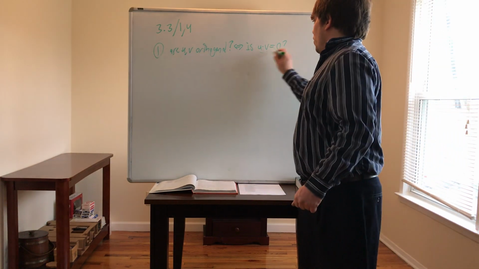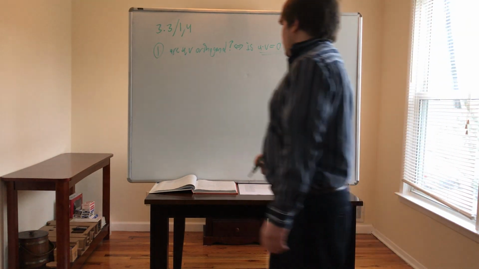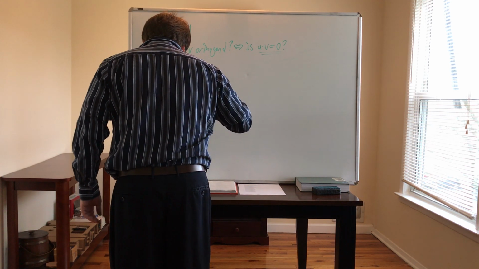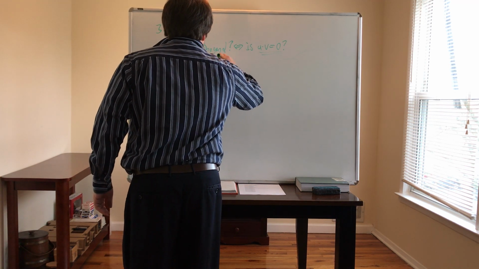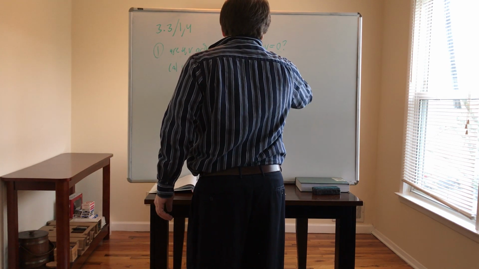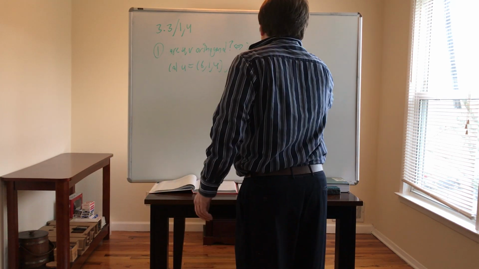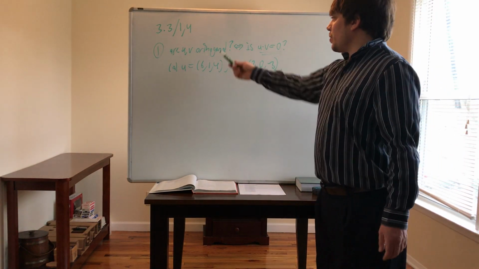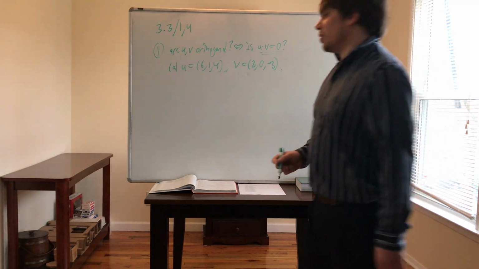And so the question is whether or not the dot product of those two vectors is 0. For part A, we have the vector u is 6, 1, 4. So that's u and that's v, and we want to know whether or not they're orthogonal, you just check if the dot product is 0 or not.